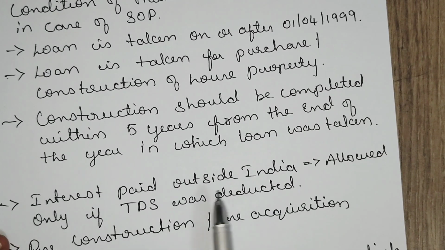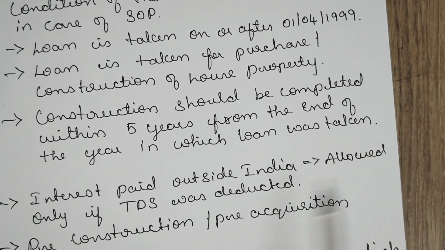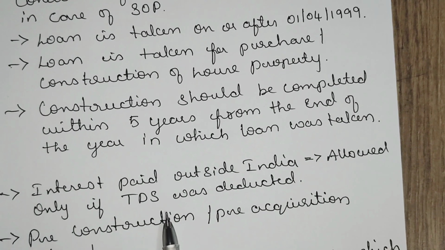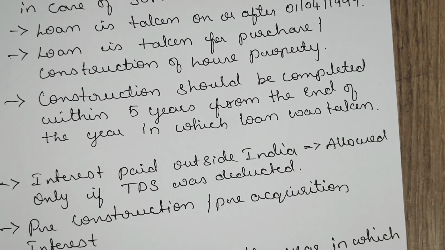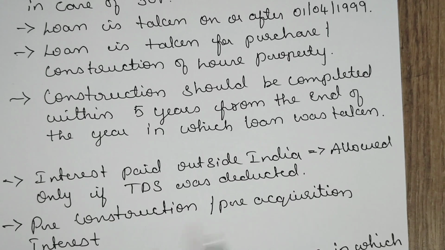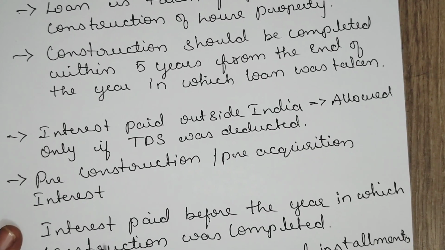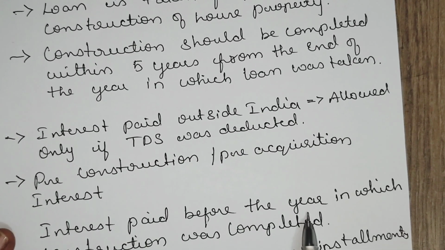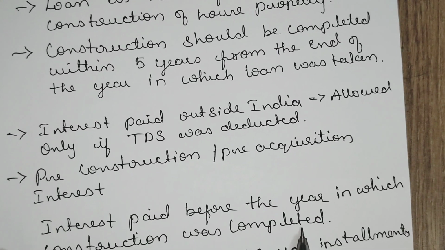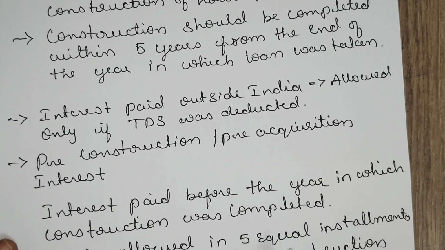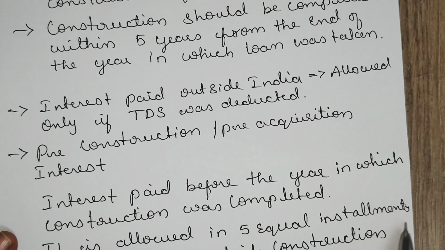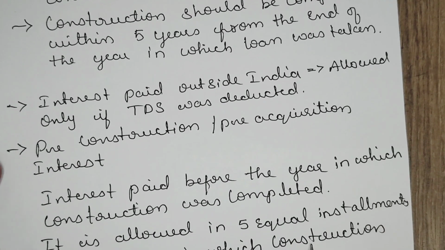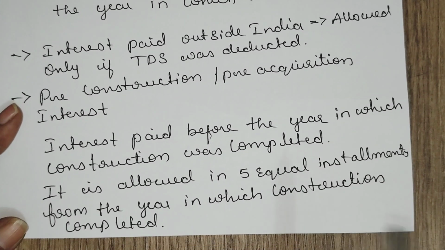Interest paid outside India is allowed only if TDS was deducted. Then pre-construction or pre-acquisition interest, that is interest paid before the year in which construction was completed, is allowed in 5 equal installments from the year in which construction is completed.